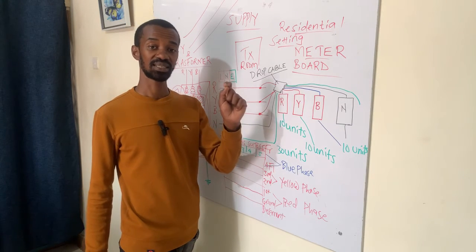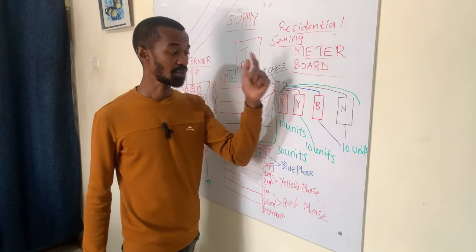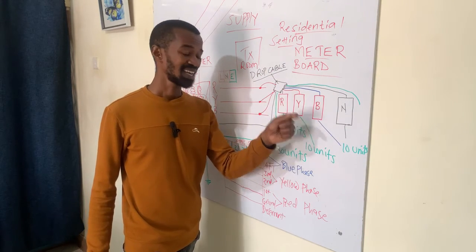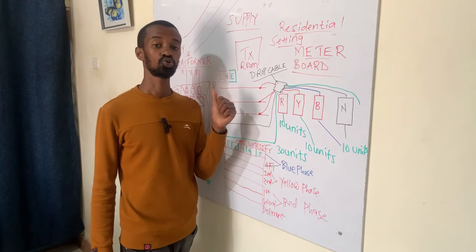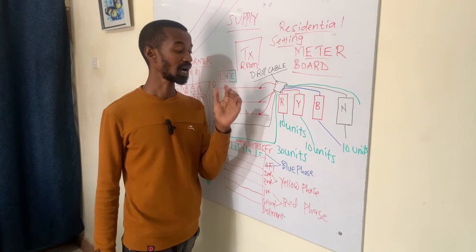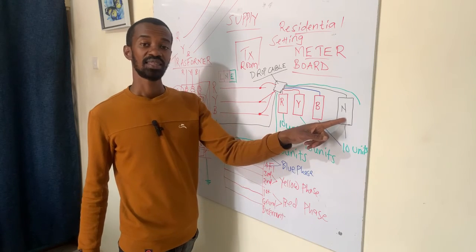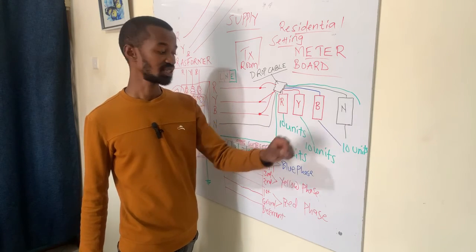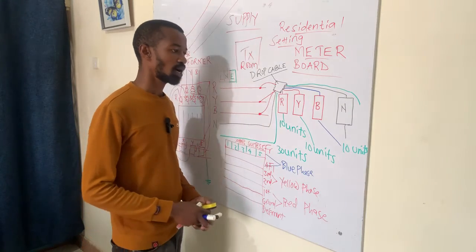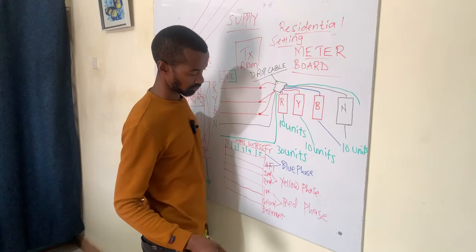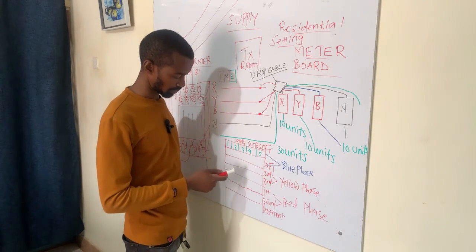Remember, electricity has to come from the source, which is the transformer, get into an appliance, and then go back to the source to make a complete circuit. The neutral provides that return path. So as the designer, you must ensure that you take good care of that neutral, the return path.